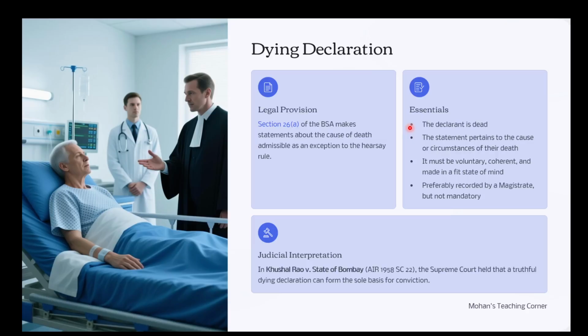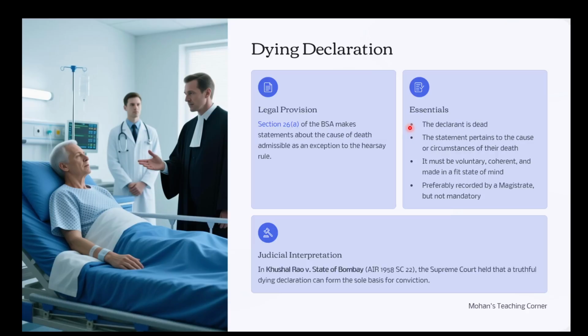Essentials for a dying declaration: the declarant is dead, the statement pertains to the cause or circumstances of the death, it must be voluntary, coherent and made in a fit state of mind, preferably recorded by the magistrate but not mandatory.